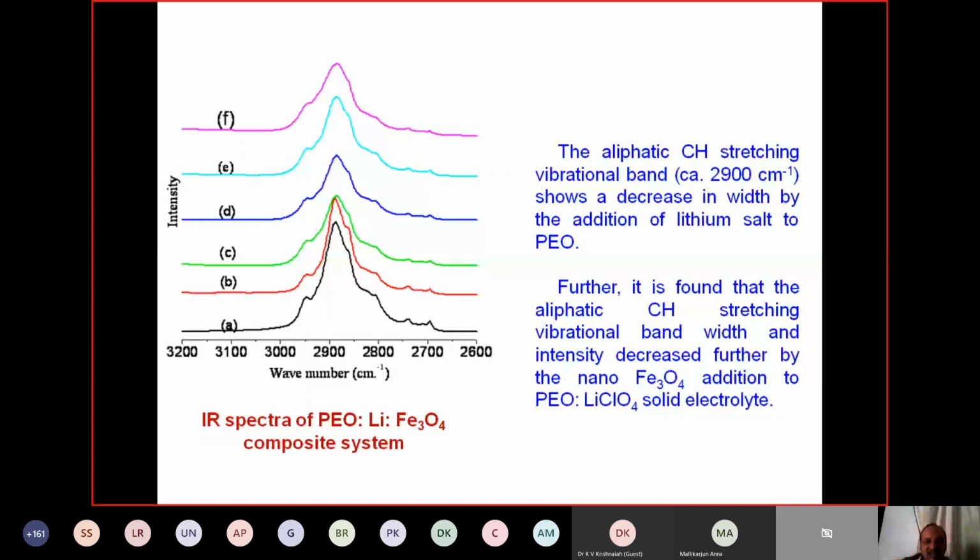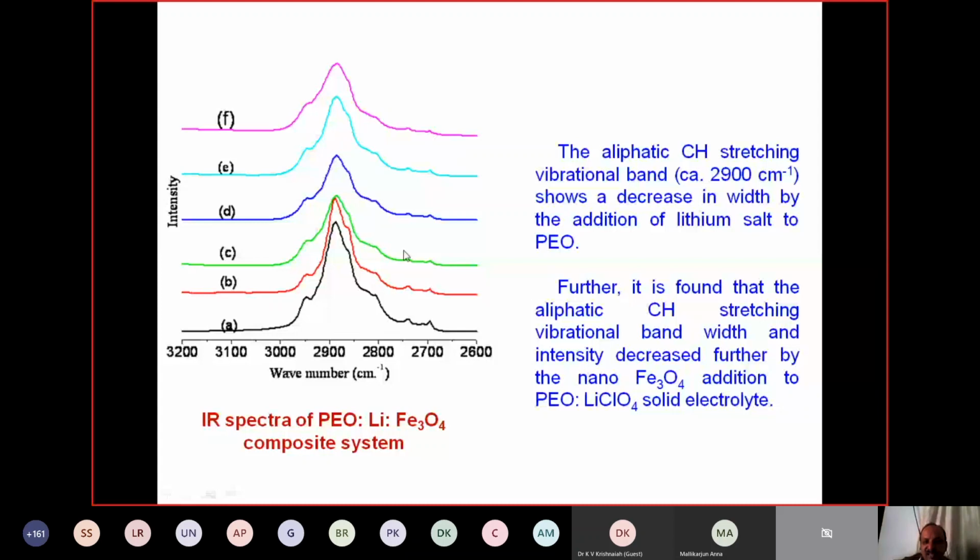You see here, this A1 was the pure PEO. For the pure PEO with some salt added, and also the filler, it's changing its shape and widening. That means within that chain, something is taking place, some structural changes. We can see that clearly in the next graph, from 1500 to 900.